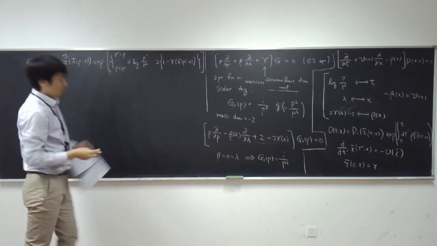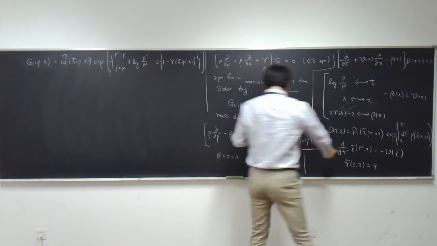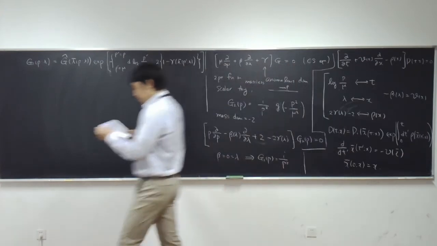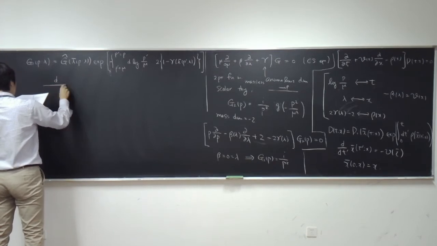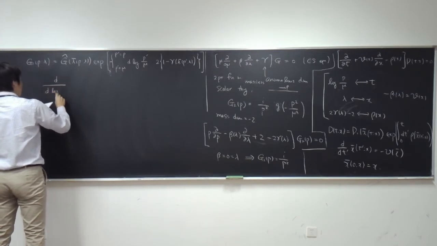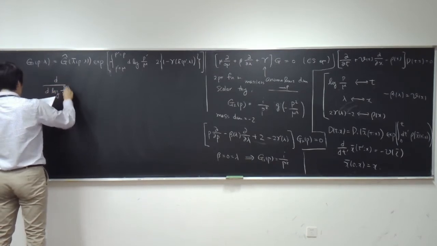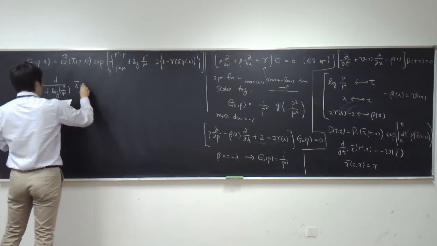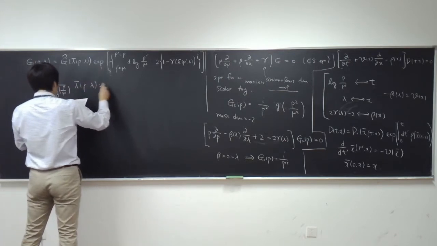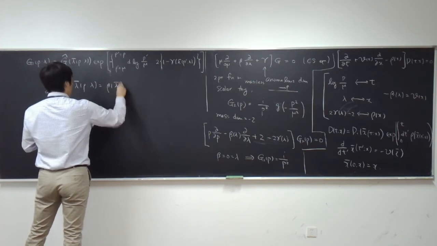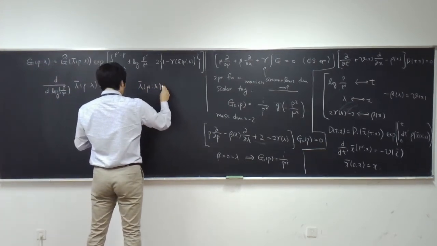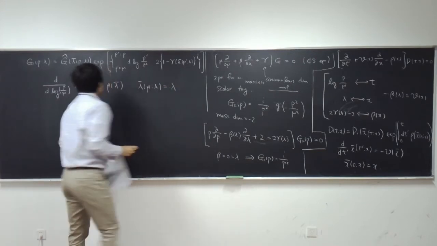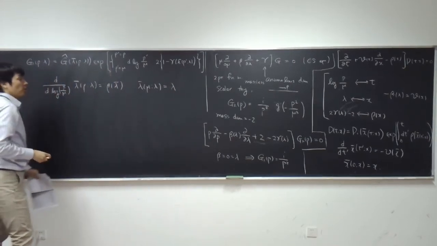One can use the initial value here. The initial condition is that d lambda bar of p over mu is beta of lambda bar, where lambda bar at mu is equal to lambda. This is the initial condition one can impose.